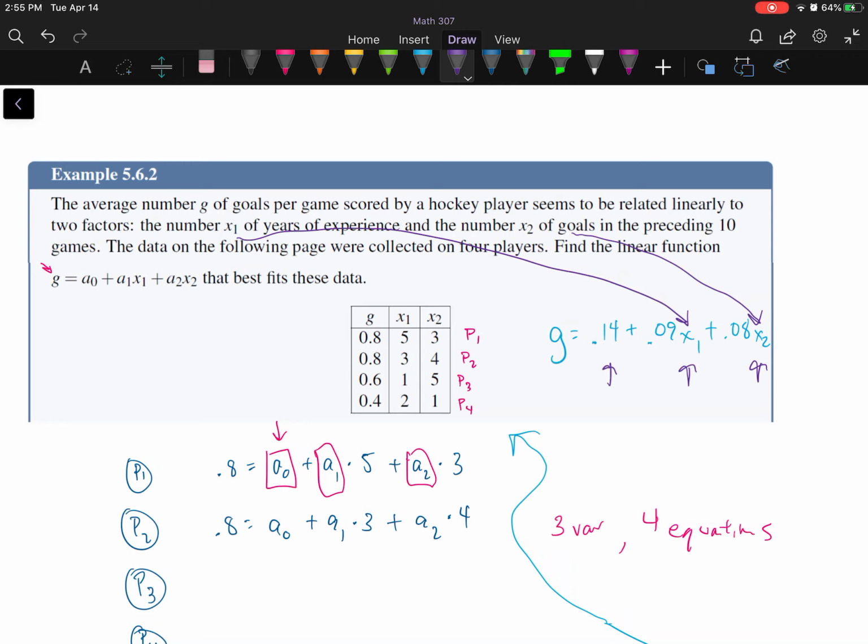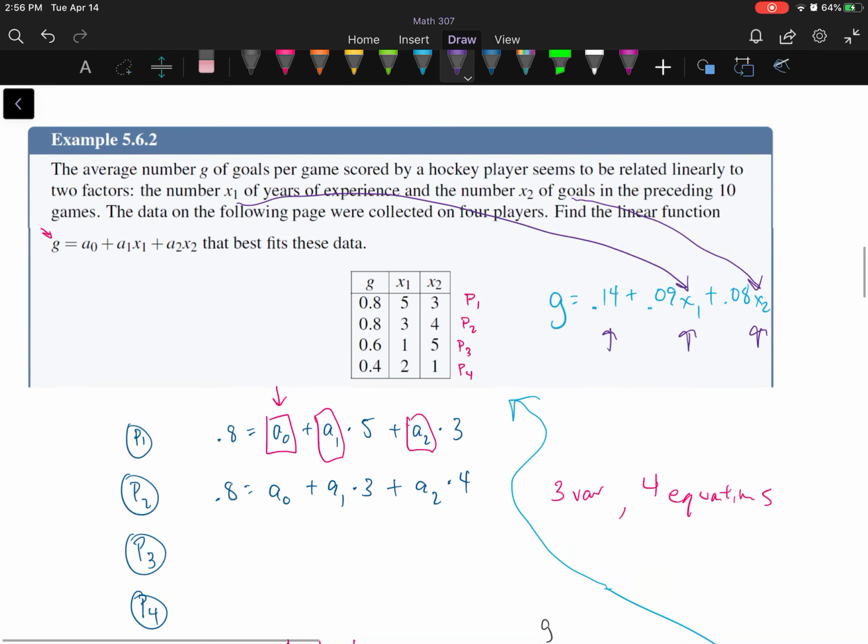So you would use this function as a way to predict future performance. And this is definitely useful to people who are in fields where you want to predict the future, which is pretty much everything from finance to sports to technology, all that kind of stuff. This is how you analyze data.